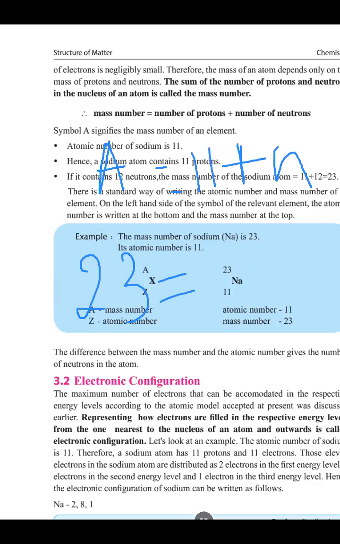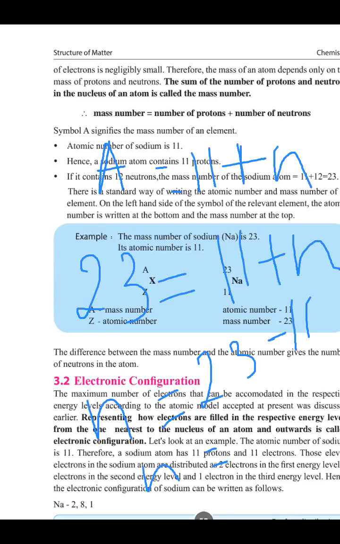Number of protons, you know that. That is 11. Now you can calculate the number of neutrons. N equals 23 minus 11. N equals 12.